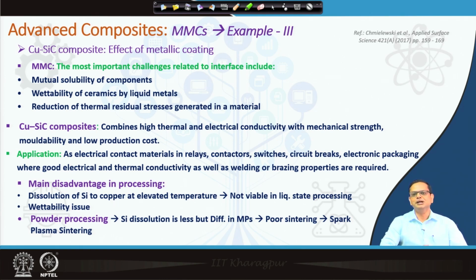If you go for powder processing, the silicon dissolution problem would be minimized, because there is no molten phase. However, you have to think about better sintering, so we can think about making this material by spark plasma sintering. And as I said, wettability will be an issue, so the effect of metallic coating comes into the picture.